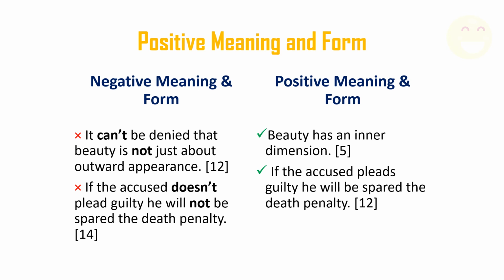The original had 12 words, and we've reduced it to less than half, just by making both the meaning and the form positive. And in the second example, if the accused pleads guilty, he will be spared the death penalty. Ask yourselves, which one is easier to understand, to comprehend? The examples on the left or the examples on the right?